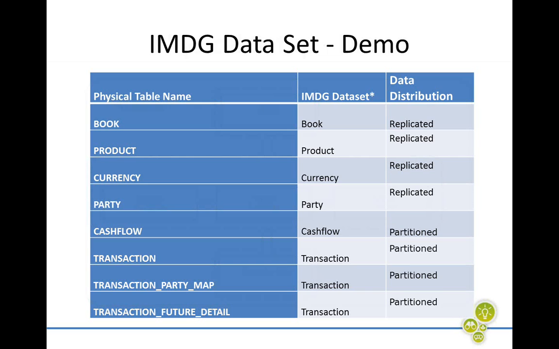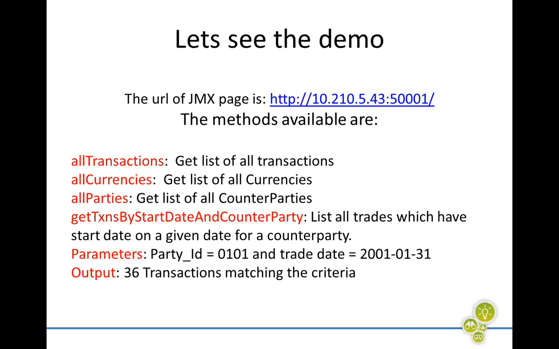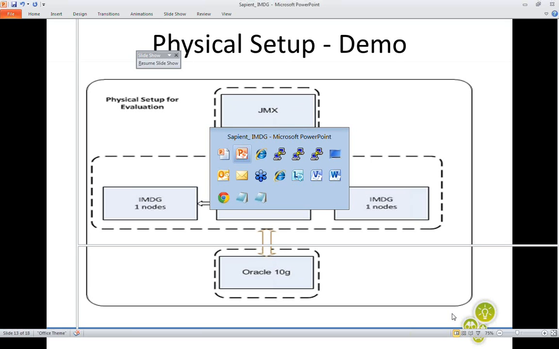We talked about data distribution strategy, and it was a proof of concept application, but we thought about a multi-node setup in partition mode, and then we showed you a very thin JMX client where we can fetch really high volume of information in no time at all. We just saw that 700K transactions got fetched in close to 4 seconds itself.